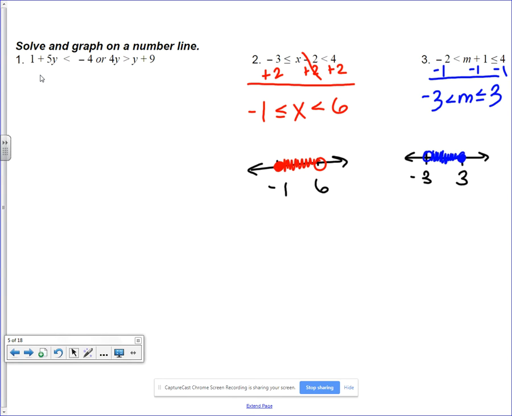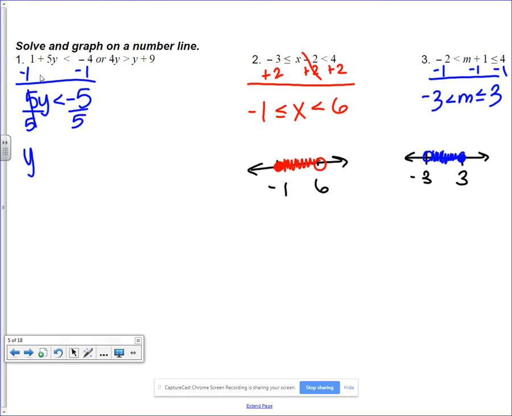Not yet. Nope, what's farthest away from that y on the same side? There we go. So now I have 5y is less than -5. There's the dividing by 5.